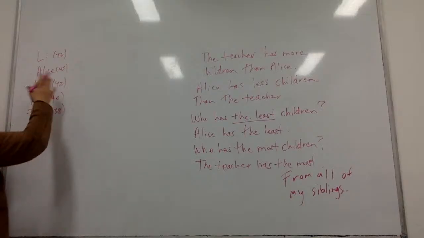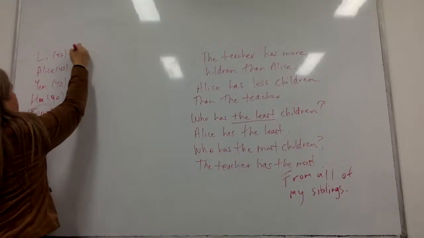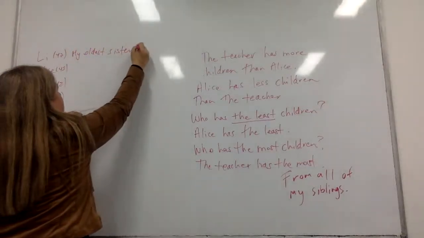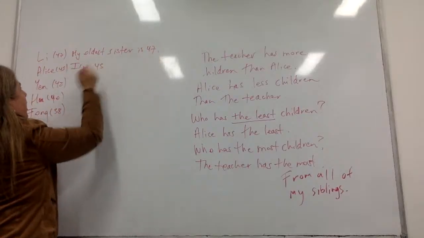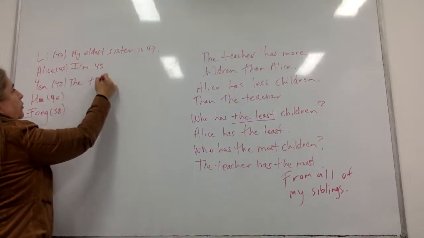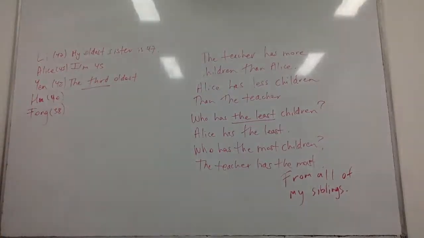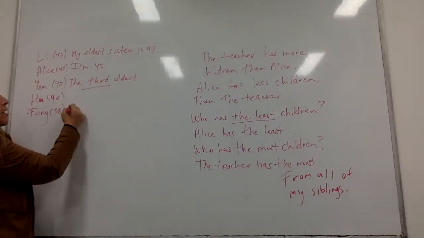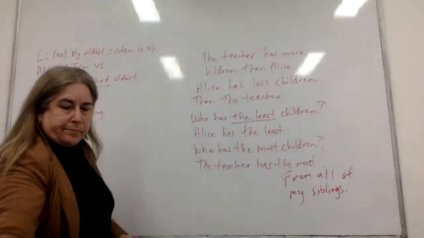So if you say, for example, Lee, correct, you could say, my oldest sister is 47. I'm 45, the third oldest. See? Because always you do the youngest.